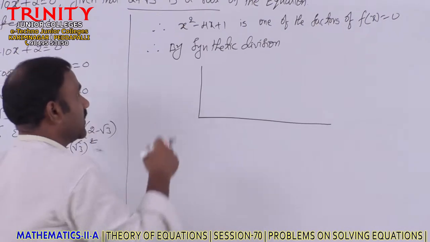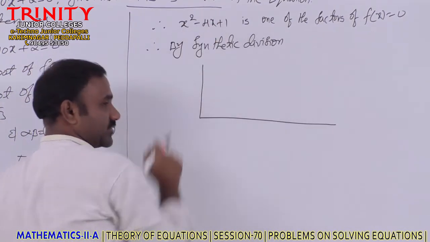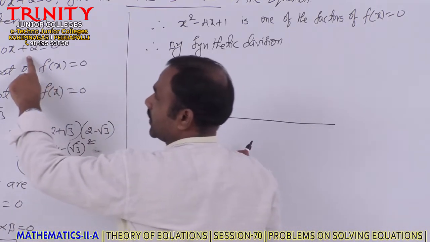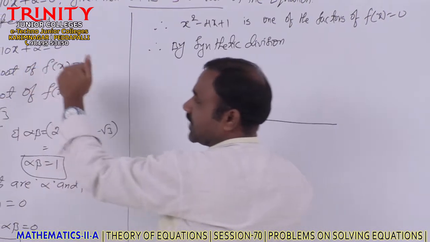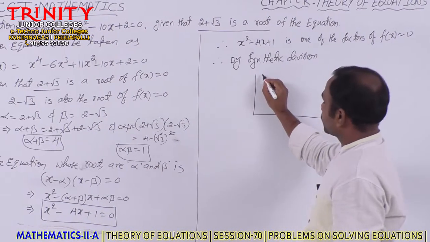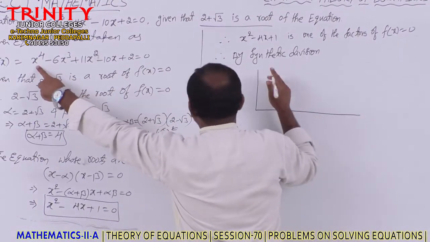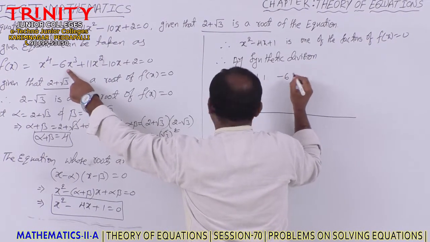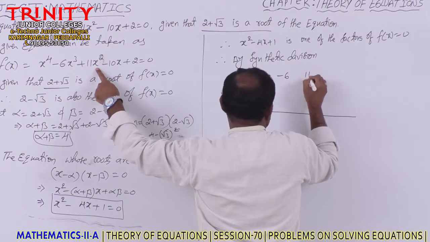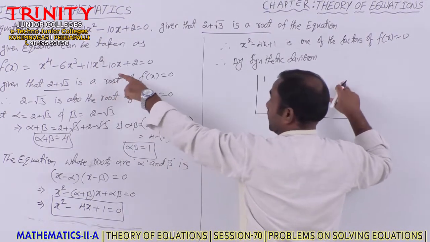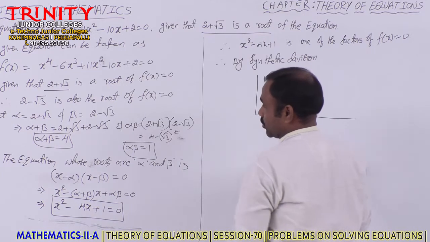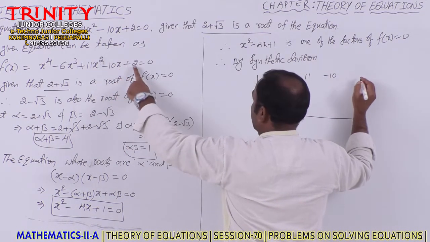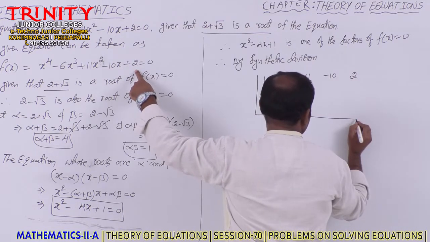In the first row we write the coefficients of the polynomial: x power 4 coefficient is 1, x cube is minus 6, x square is 11. We should write very carefully; if any plus or minus or any number is missed, we will lose the total answer. The x coefficient is minus 10, and the constant is 2.